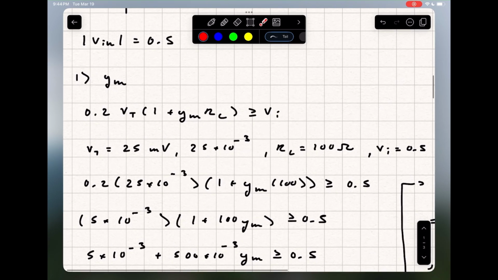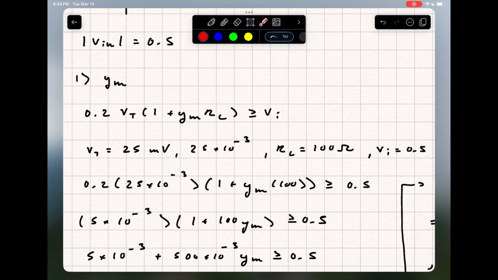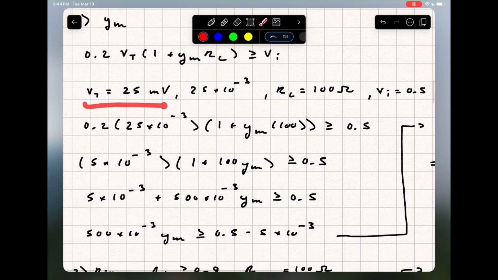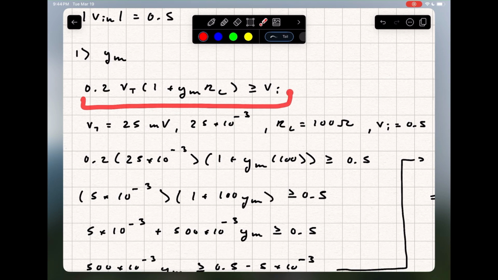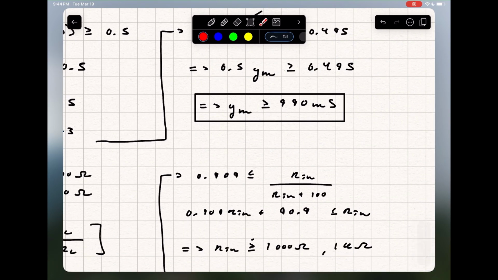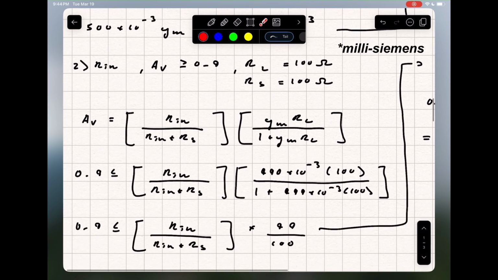Now, calculating gm, we're given that the magnitude of the input voltage is 0.5. We're also given that VT is approximately equal to, at room temperature, 25 millivolts. Using this derived formula, as well as some math, we find that gm must be greater than or equal to 990 microsiemens.